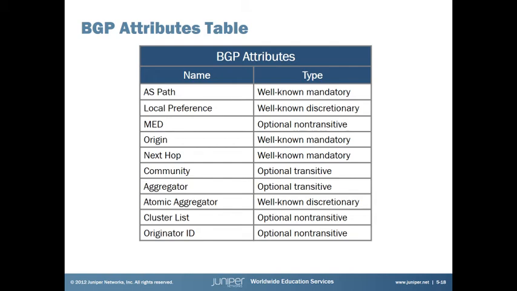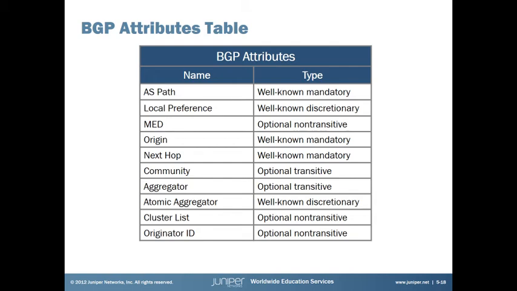Now, these attributes are classified into different attribute types. There are 4 different attribute types. And what does the attribute type actually do?